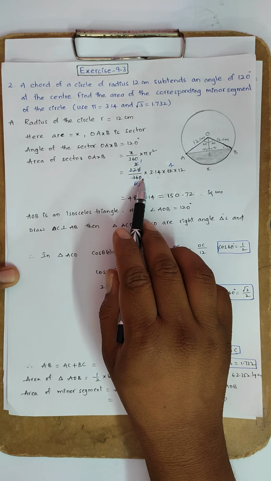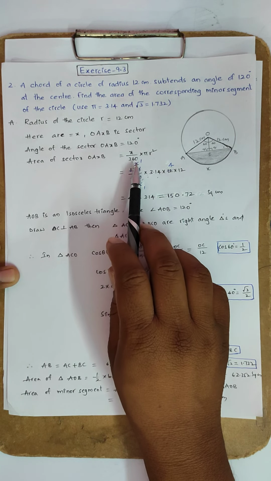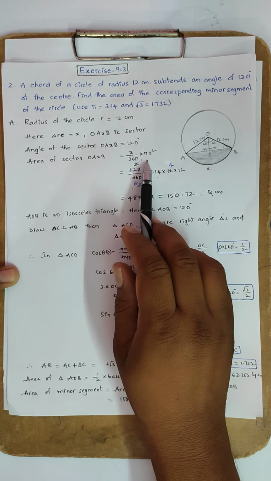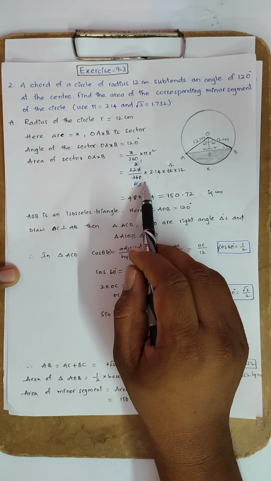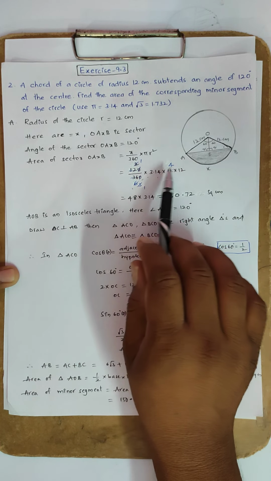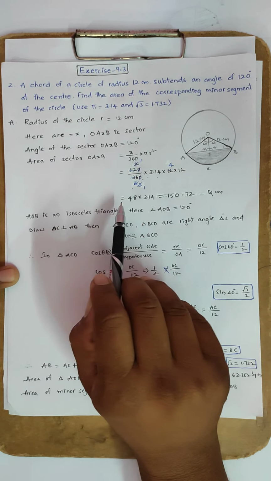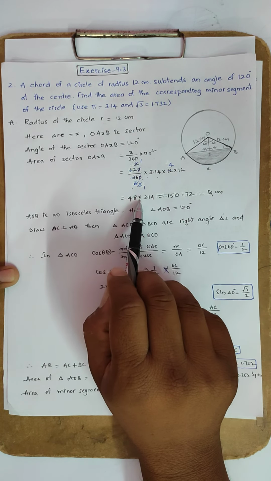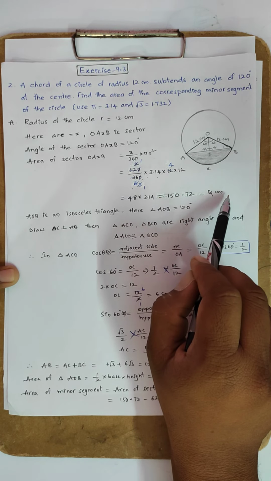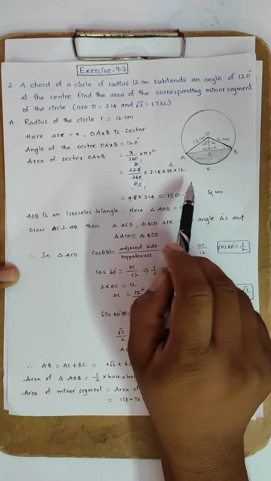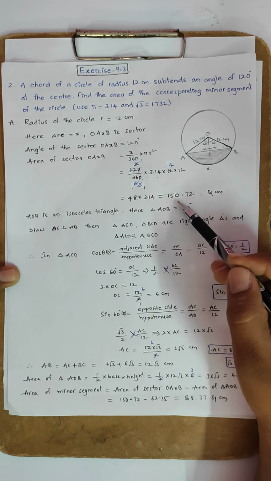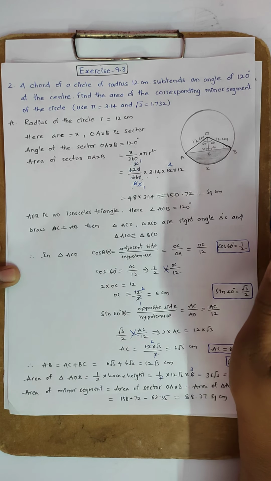The zeros get cancelled. Now 6 2s are 12, 6 6s are 36. Again 2 1s are 2, 2 3s are 6, 3 1s are 3, 3 4s are 12. Remaining only numerators. 12 4s are 48 and with 3.14 it is equal to 150.72 square centimeters. This is the area of this whole shape, meaning the area of this sector, 150.72 square centimeters.